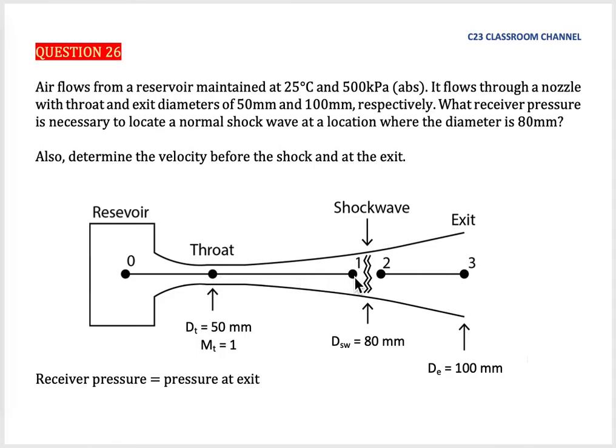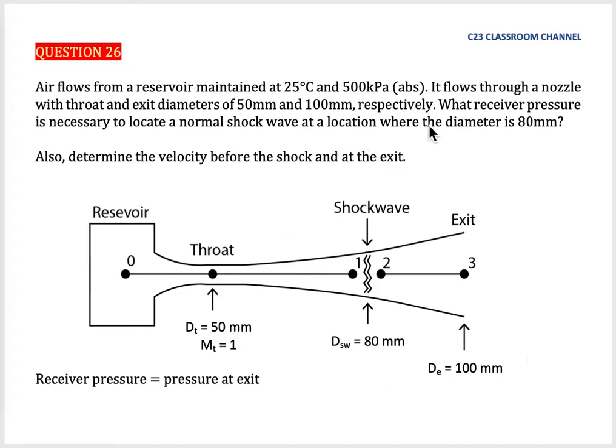Here, the Mach number should be in supersonic condition. Then the shock wave occurs, and then it will reduce the Mach number. So the Mach number at point number 2 here must be less than 1. And then it continues to flow to point number 3. The pressure here has certain values, and then it will reduce to the atmospheric pressure.